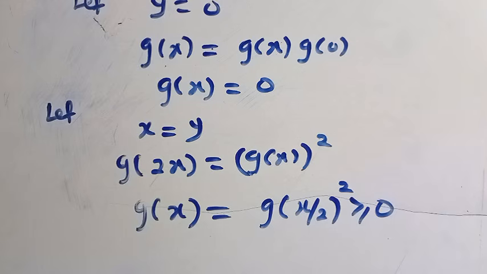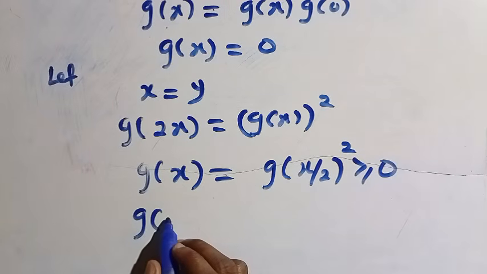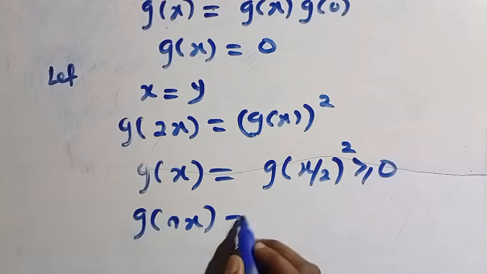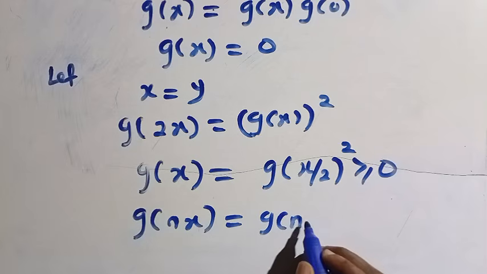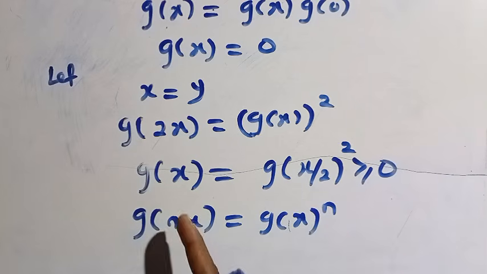Then by induction, if we keep trying this, we are going to get g of nx equals g of x raised to the power of n. That is, when we do this by induction, we get this in general form.